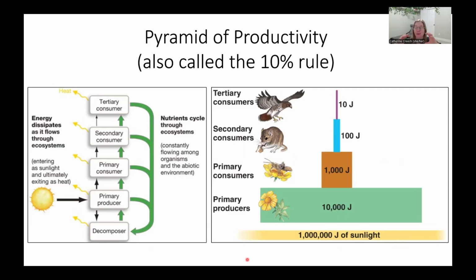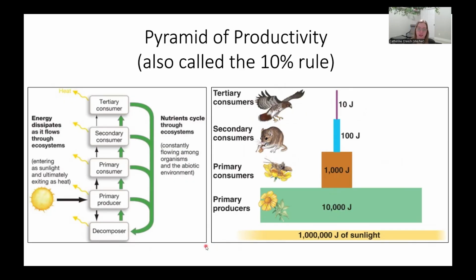And then whoever eats primary consumers, only 10% of it is available for secondary consumers. And so in this diagram here, where we start with 1,000,000 joules, a measure of energy, we quickly go down to 10 for our tertiary consumers. So there is just a lot less energy available for the organisms higher in the food chain. So that's why apex organisms are less common, because there's less energy available to them.